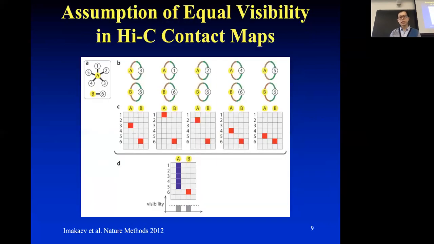If there are so many cells, then we can think there are two cases. One case, as I'm showing here, is location A, which can interact with many other regions. For example, sometimes it interacts with 3, with 1, with 2, and so on. It's open, and can interact with many other places. Another case is region B, which always interacts with the same region on the human genome, just like a promoter-enhancer interaction.